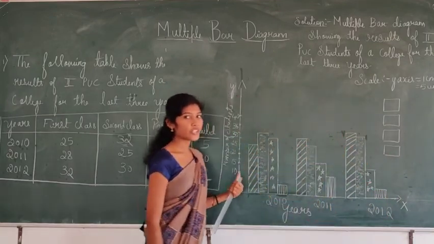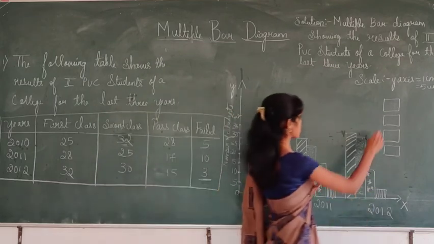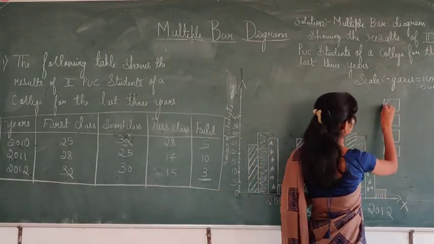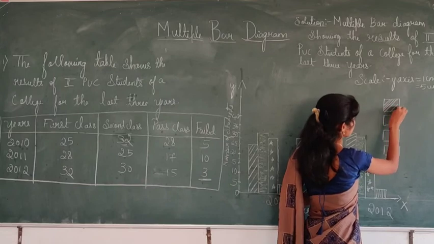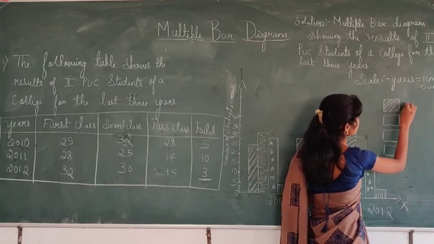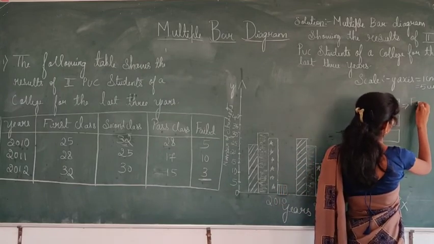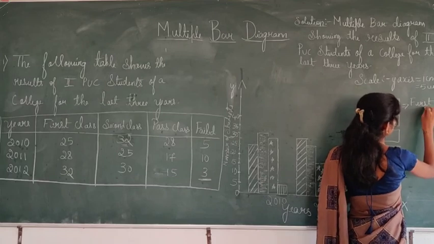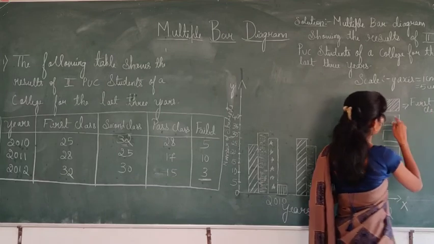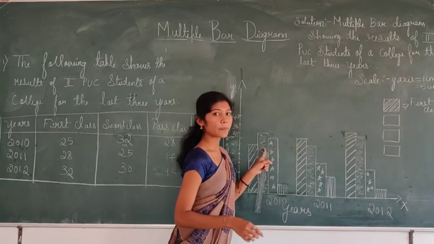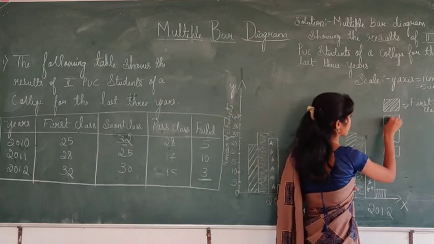In order to differentiate the bars, here the first index will be cross lines, which represent first class results of students. The second index is where you have done the shadings.